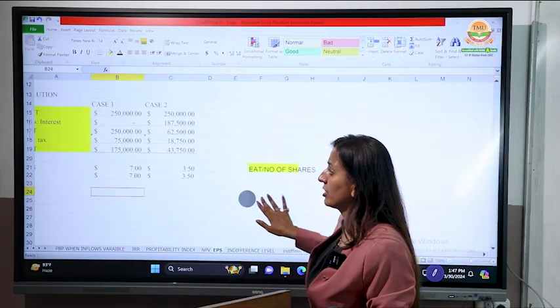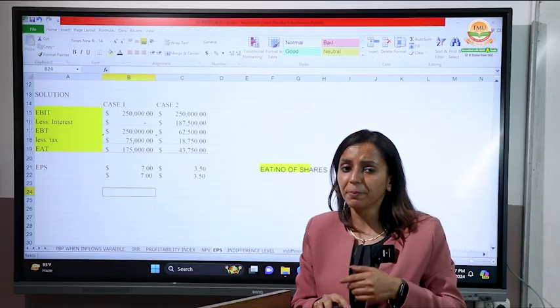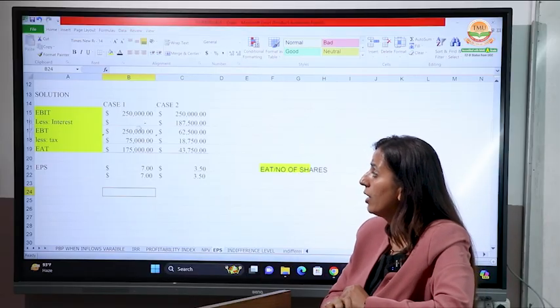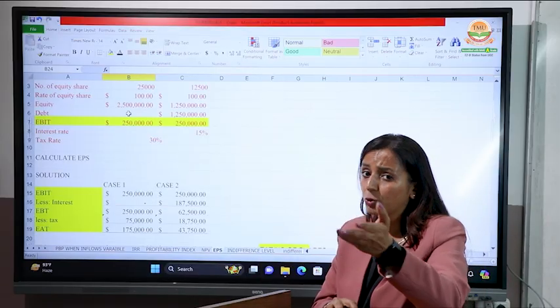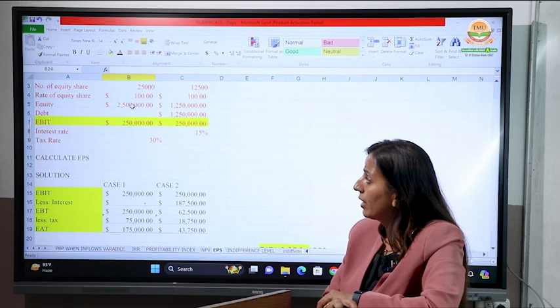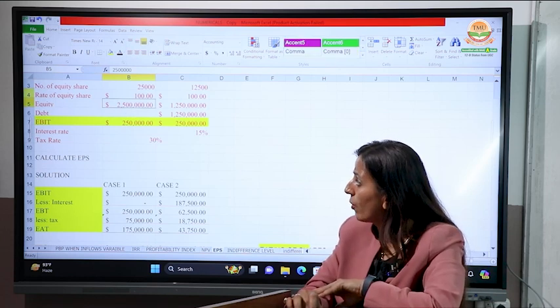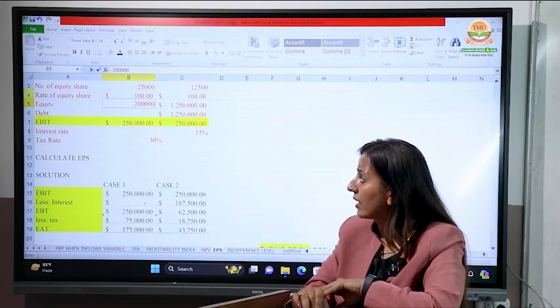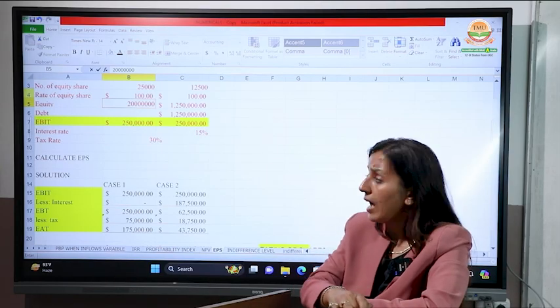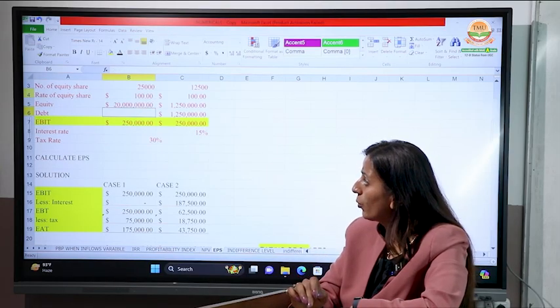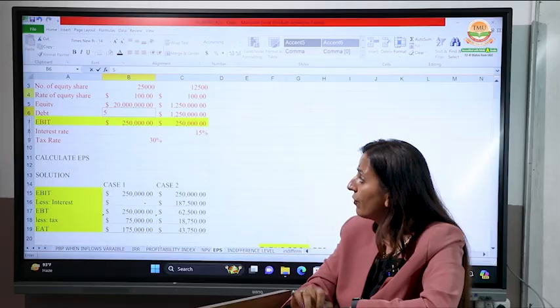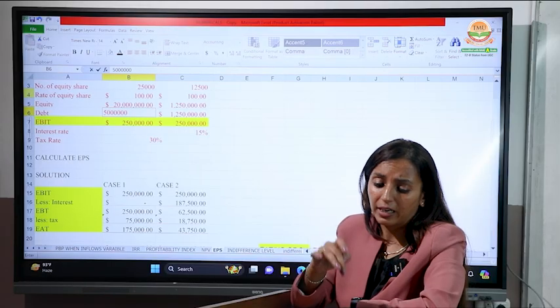If you want to change the data in this example, you can also do it along with me. For example, I am taking the figure 2,50,000 and changing it to 2,00,000, and here I am changing it to 50,000 or 5.